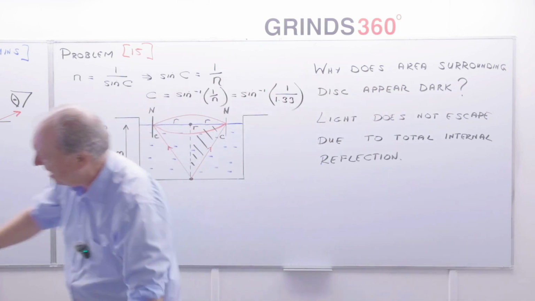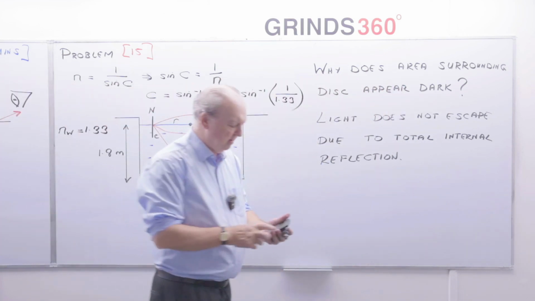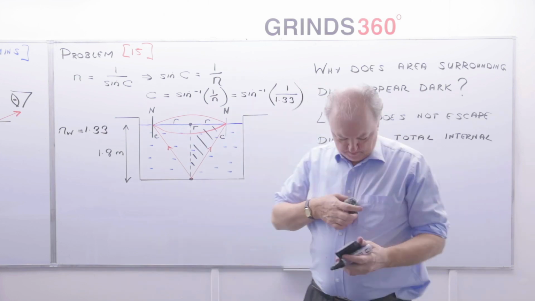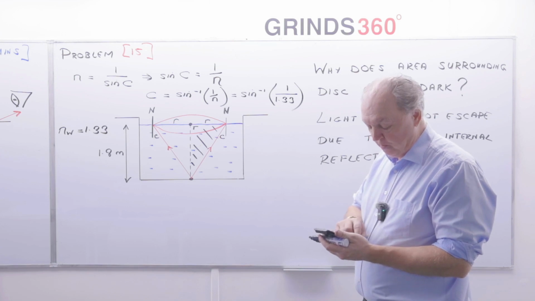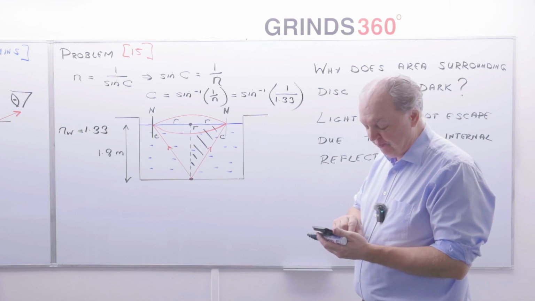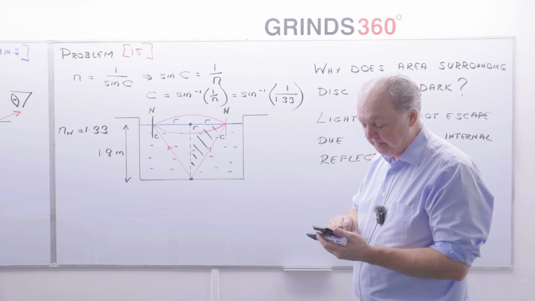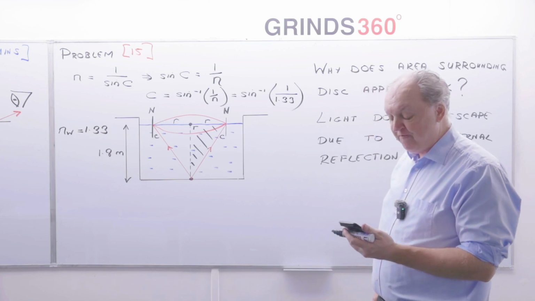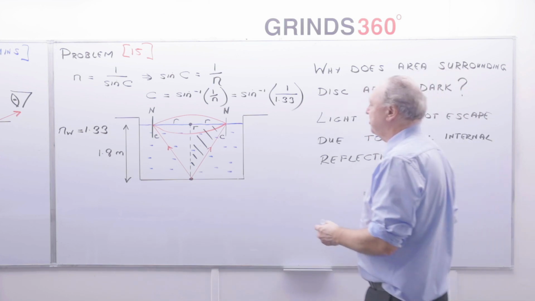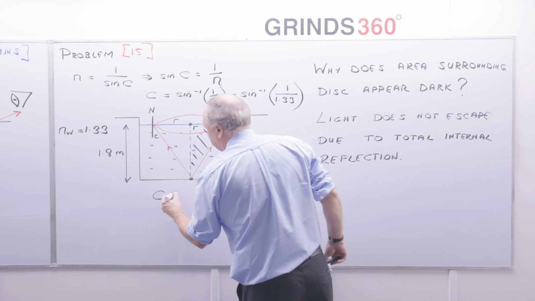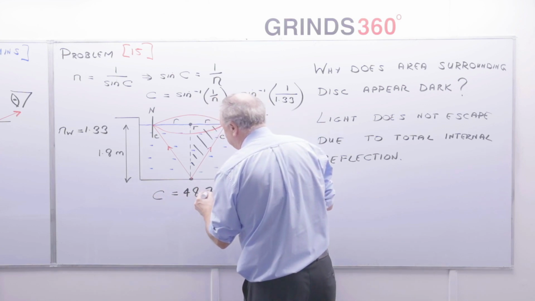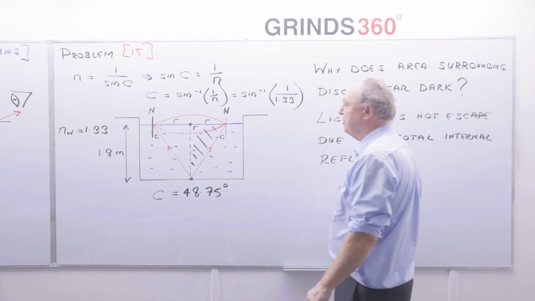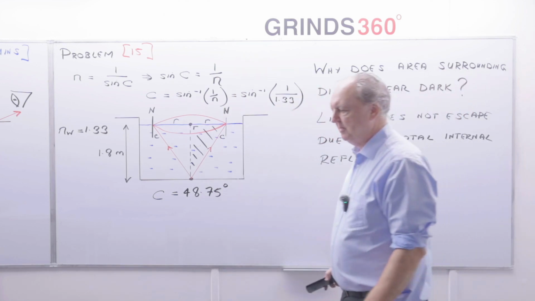And when I put that into my calculator, shift, sine, fraction 1 over 1.33, close bracket, and I get, say, 48.75 degrees. I've got the critical angle C is equal to 48.75 degrees. That's your first step.